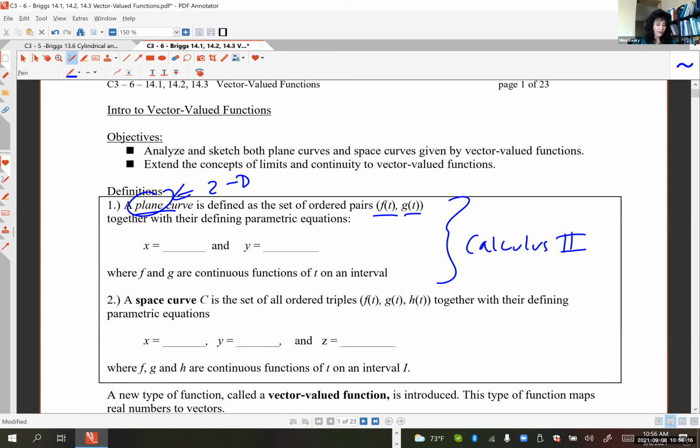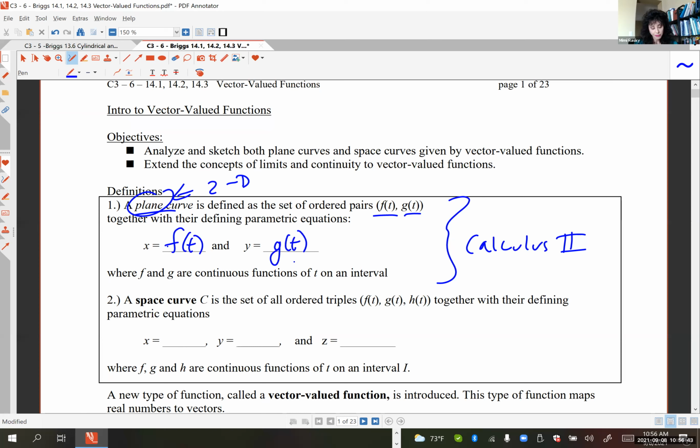If you have two equations where both x and y are given as functions of a parameter, typically t is very common because t stands for time, and we use a lot of these parametric equations to model motion in both 2D and 3D. So x is equal to some function f of t, and y is equal to g of t.